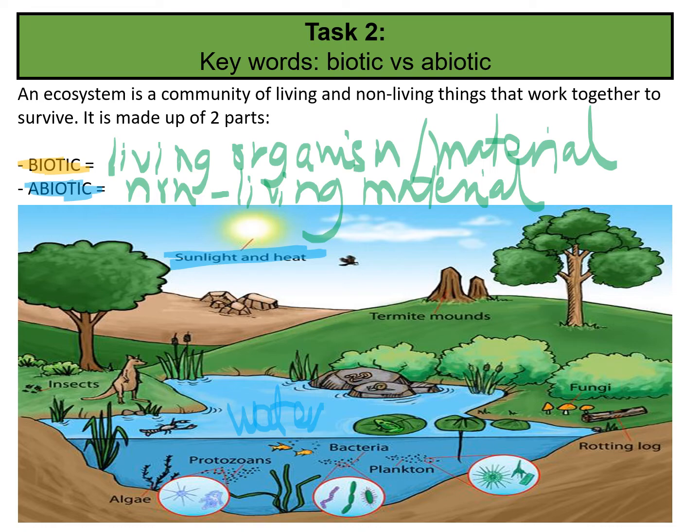Other things such as the soil. You can't see the soil written on here, but soil is also an example of non-living material. And the rest that we can see, such as the algae, the bacteria, we've got fungi, termite mounds, insects, plants. These are all examples of biotic materials.